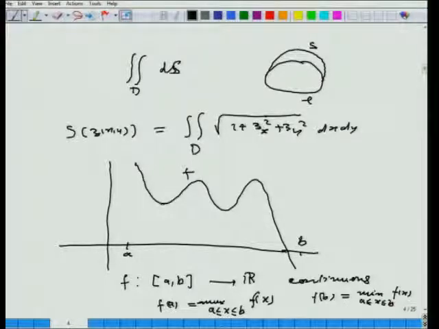Then there are other points. Let us say this is point x1, this is point x2, and this is point x3.